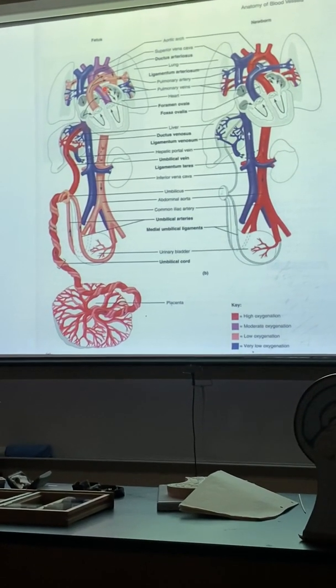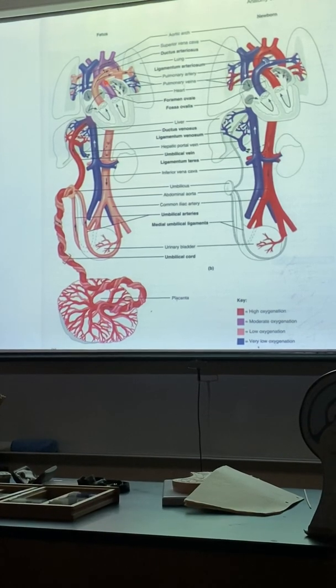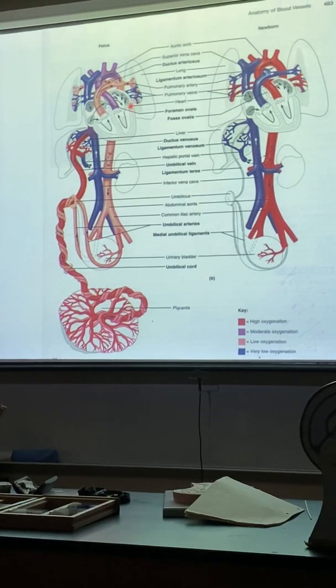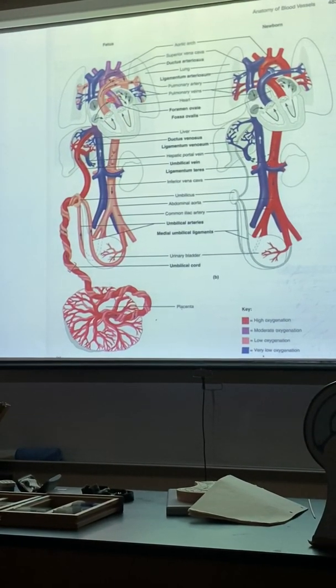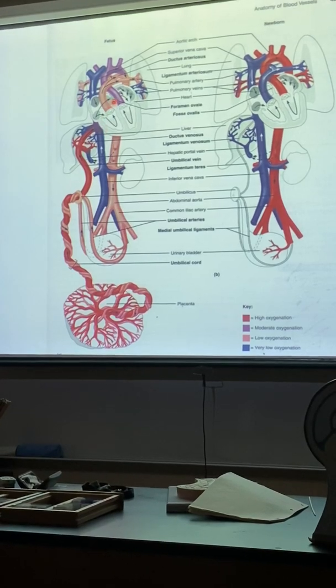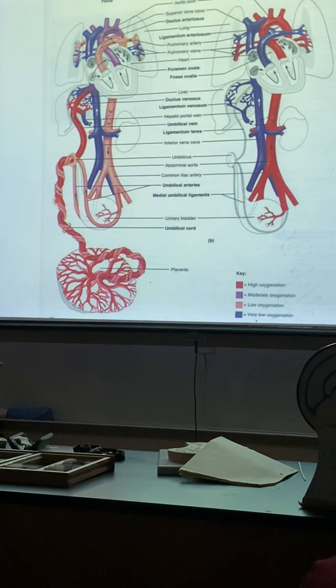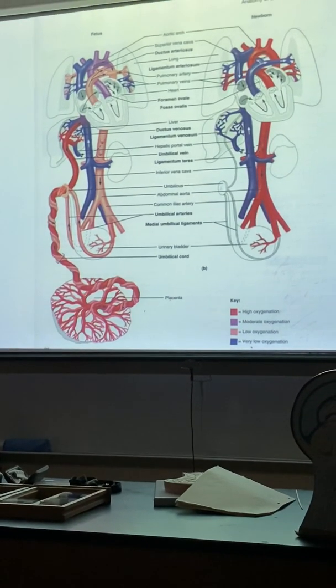There are other connections in the fetal heart, like the aorta and the pulmonary artery are connected to each other, so the main thing I want you to know is the foramen ovale between the atria. And let's talk about the vessels, the umbilical vein and the umbilical artery.